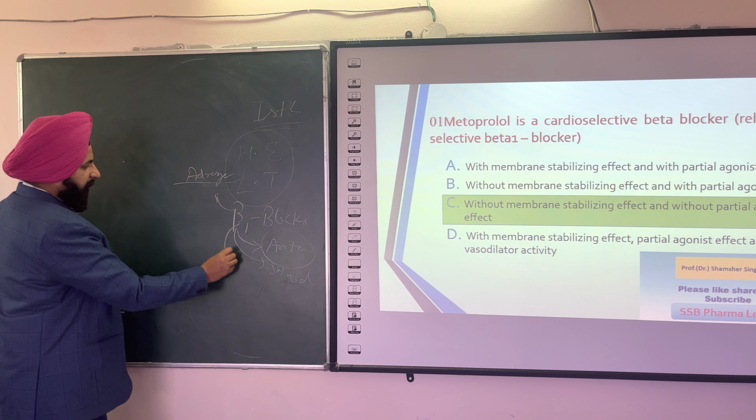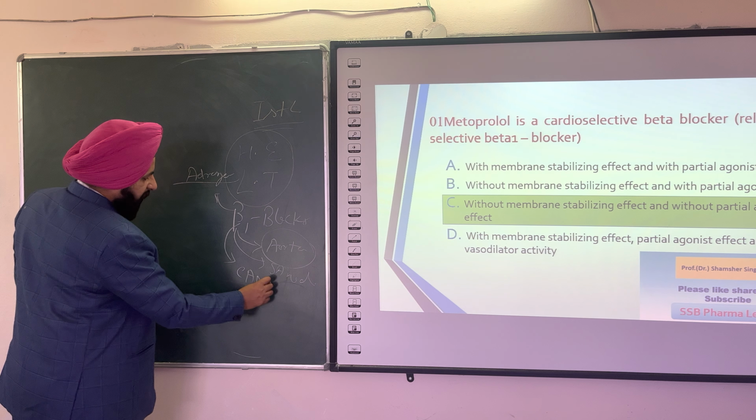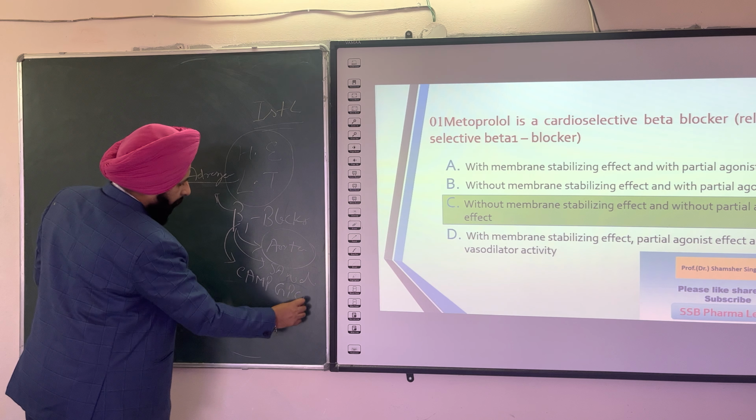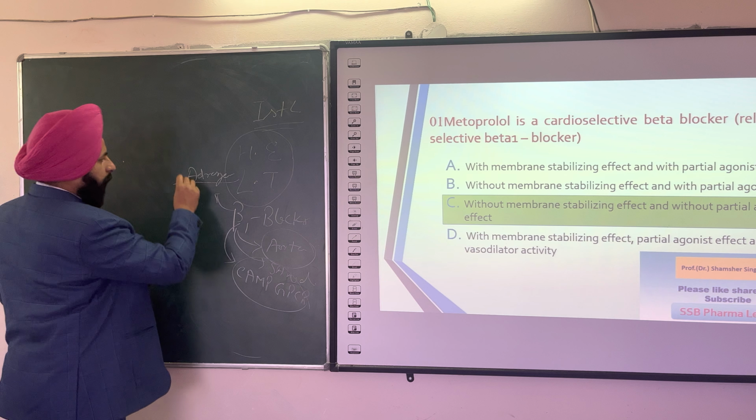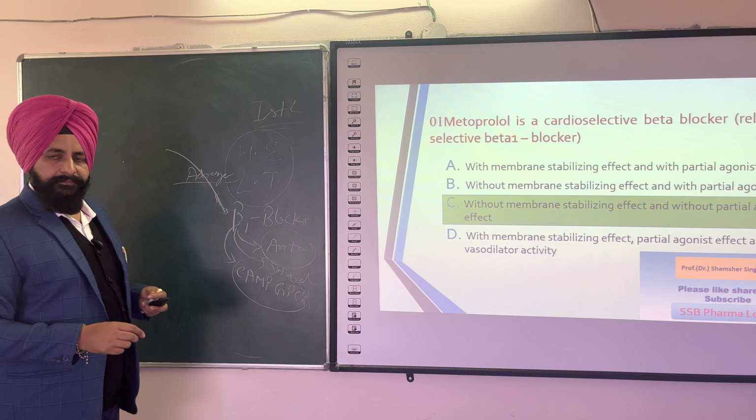The next thing is beta 1 receptor acts by the cAMP pathway of GPCR. Now metoprolol is a cardioselective competitive inhibitor, a beta 1 receptor blocker.